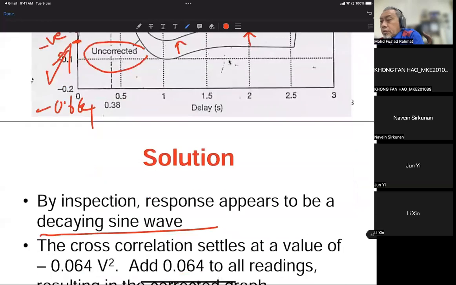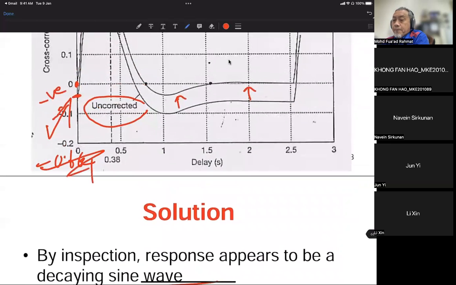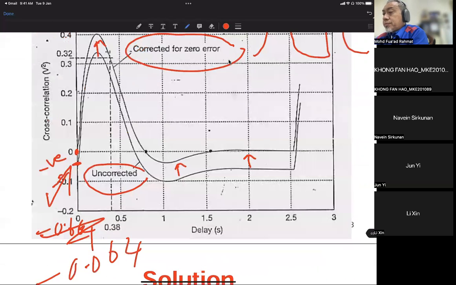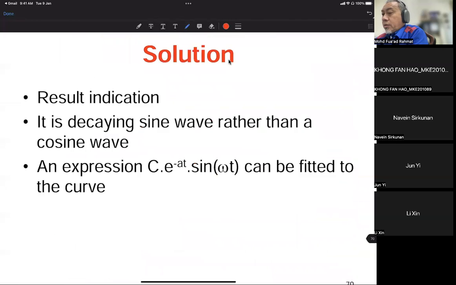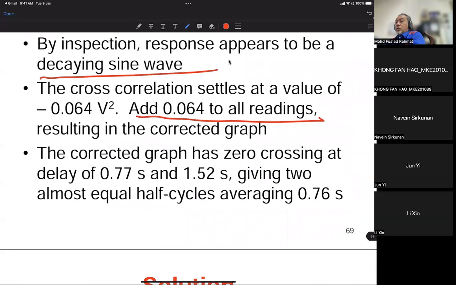So in order to start from 0 instead of minus 0.064, we add all readings with 0.064, so that we can get the graph started from 0, which results in the corrected graph.